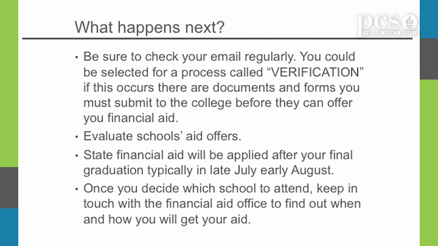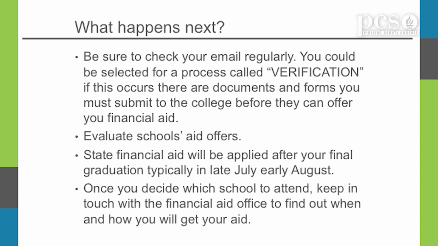Unfortunately, the federal government does not verify the information for everyone, so they put the burden on the colleges to complete this. That means for every college you apply to, if you're selected for verification, you have to submit to them documentation to make sure that what you listed on your FAFSA is correct.